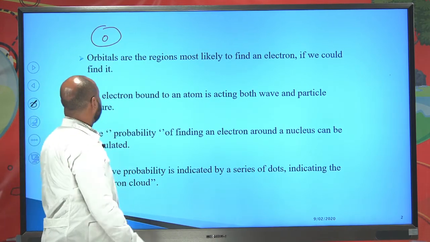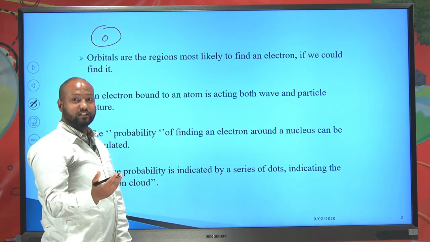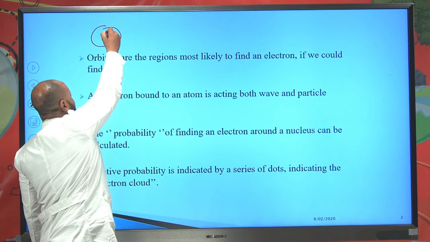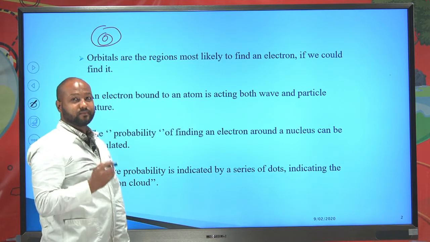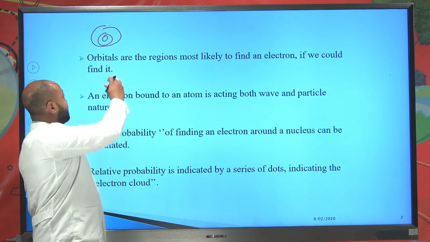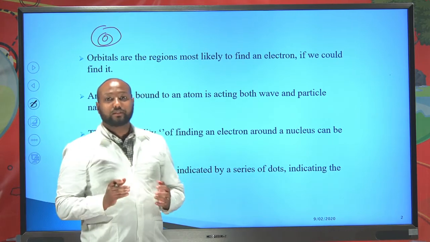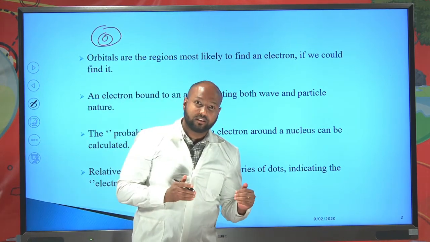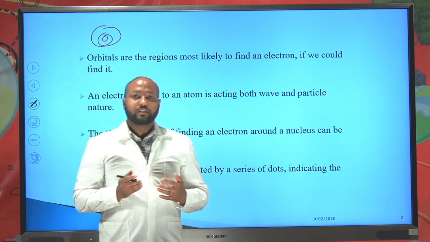As you know, it has two regions, inside the nucleus and outside the nucleus. Electrons revolve around the nucleus within their orbitals. So these orbitals are the space where the probability of finding an electron is maximum, or where an electron can be found.